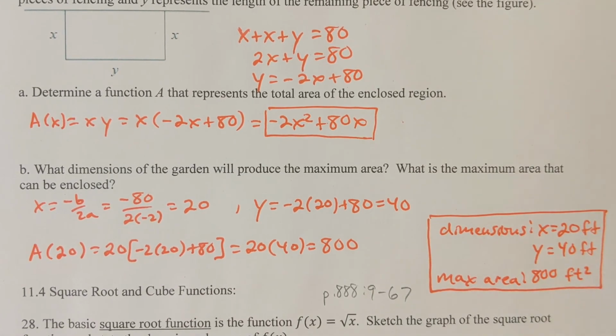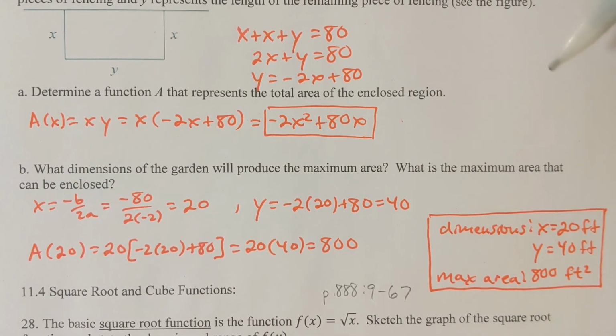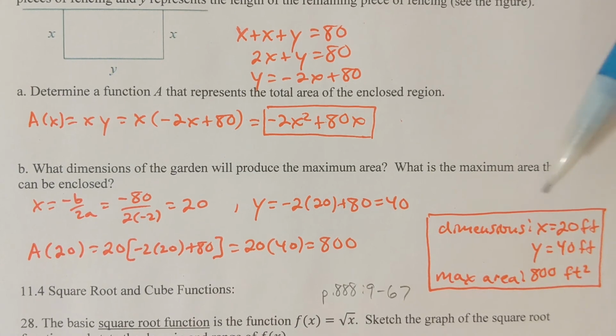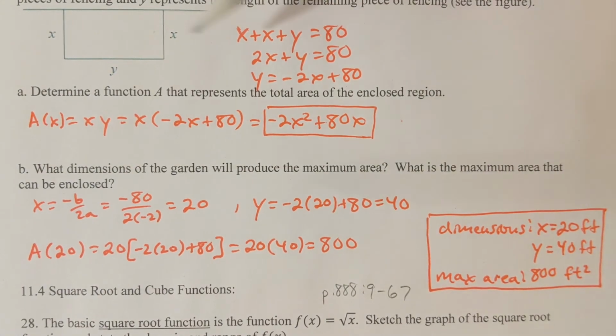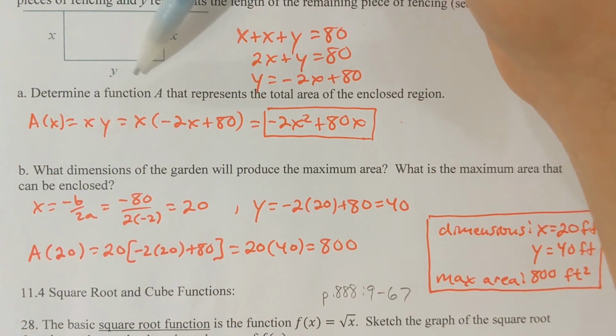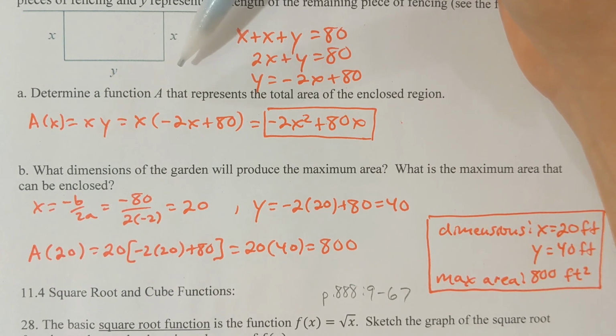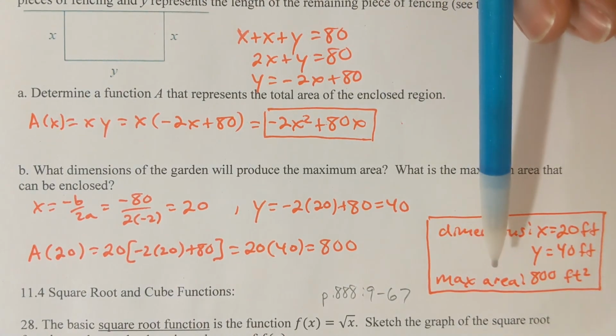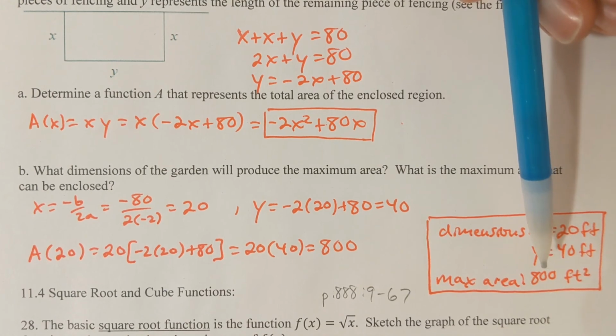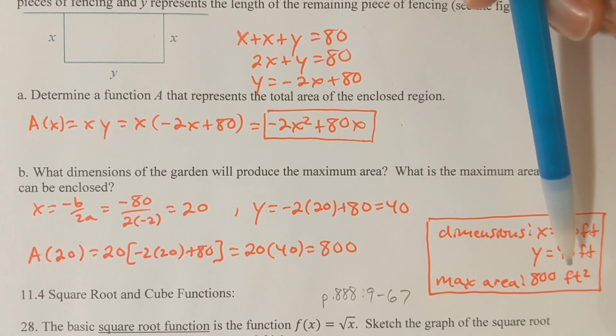Okay, so he's only got 80 feet of fencing to work with. He would want to design this so that x is 20 feet and y is 40 feet. If he goes with any other dimensions, the rectangle is not going to be as big as it could have been. Okay, in other words, he's going to get an area that is something less than 800 square feet.